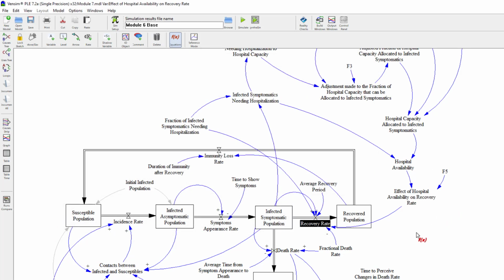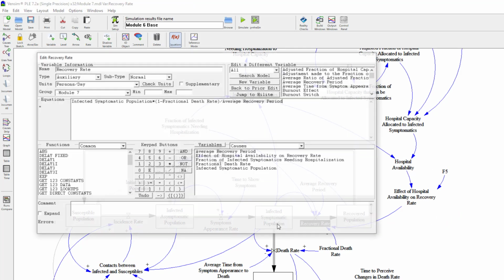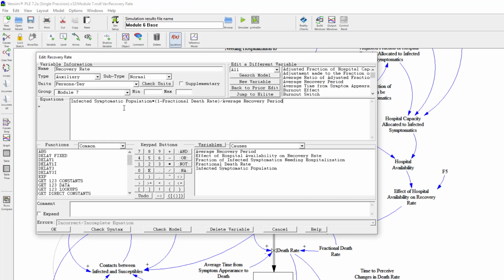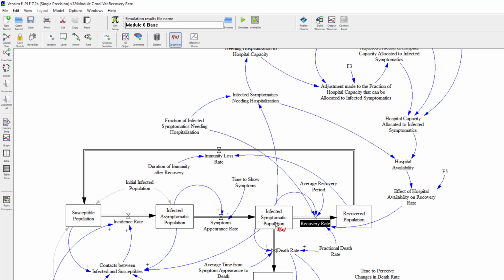Okay, and then the recovery rate now, you wanna modify the equation that you have. So remember that the people who are gonna recover is infected symptomatic population, and you had to subtract people who are actually dying. So there are two different pipelines, okay?